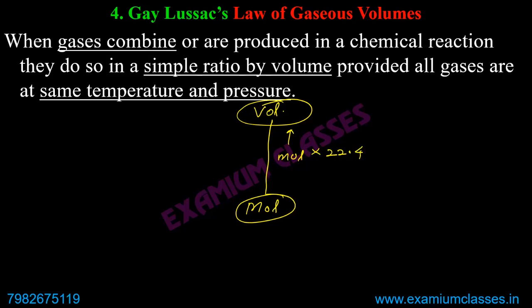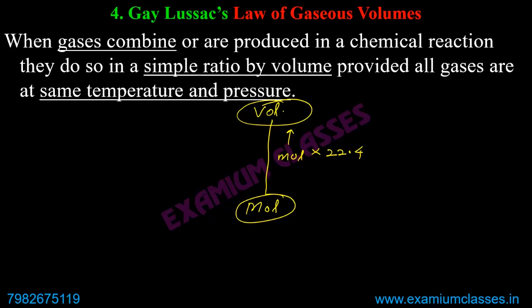So whatever is the molar ratio, that will be the volumetric ratio. At that time when Gay-Lussac proposed this law, nobody knew about that. But later on, we came to know that 1 mole of any gas at STP is 22.4 liters. Or we can say that at any constant temperature and pressure, 1 mole of all gases will have equal volume.